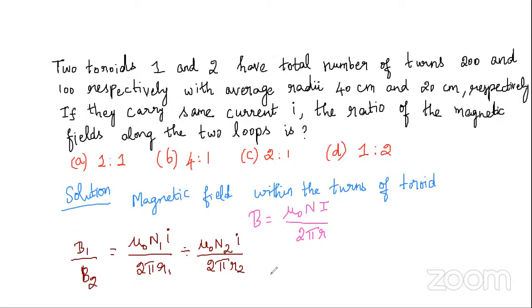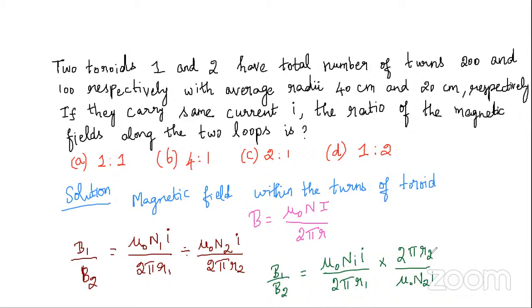So the next step is B1 by B2 equal to mu naught N1 I divided by 2 pi R1, multiplied by 2 pi R2 divided by mu naught N2 into I.